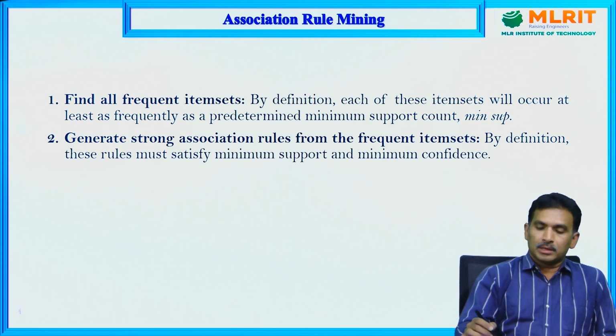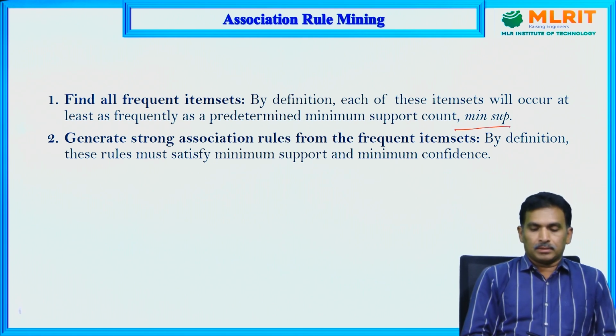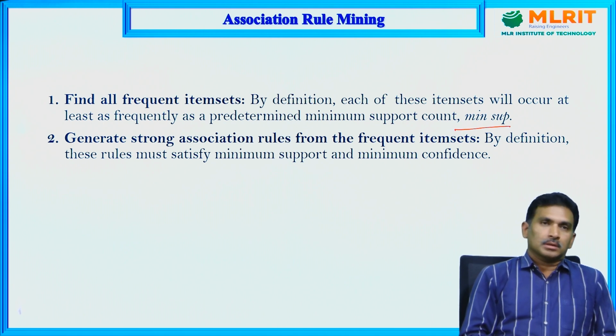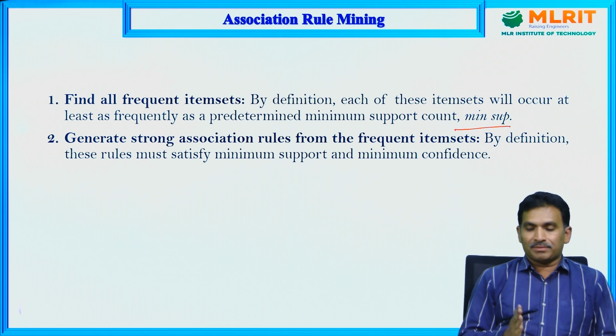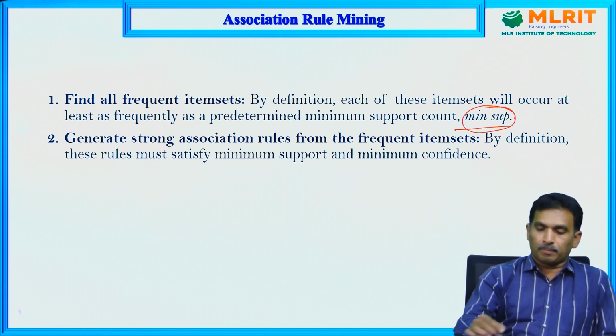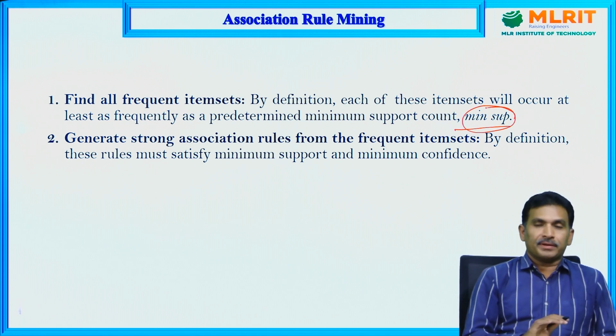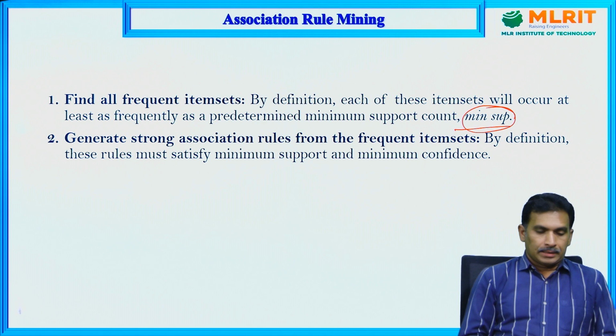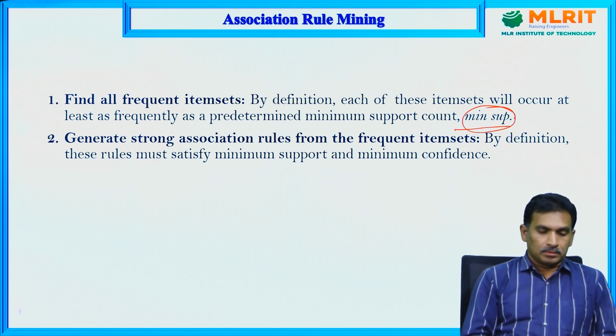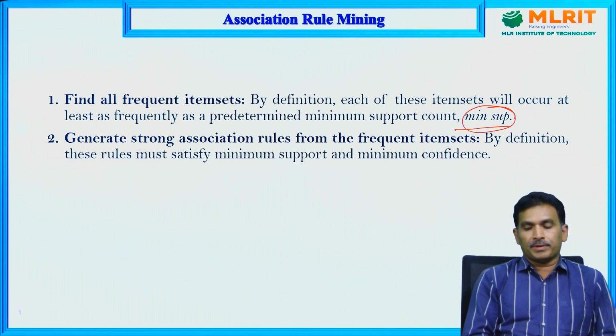So the support count of all the items or item sets should be greater than or equal to the specified minimum support. That is the first step. And the second one is generating strong association rules from the frequent item sets.